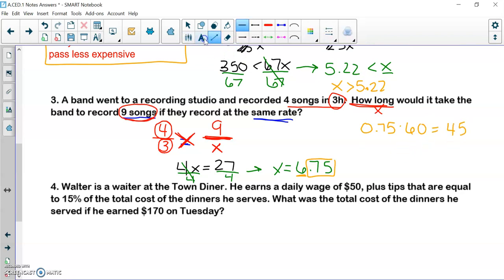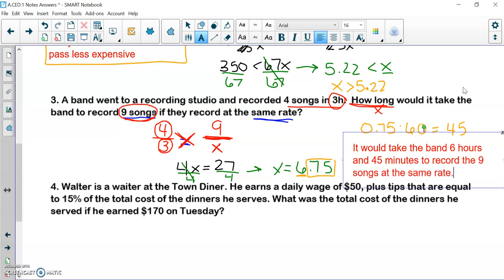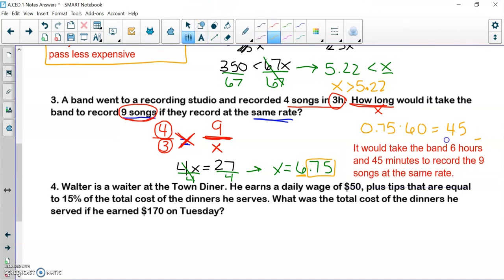So what this means is that it would take the band 6 hours and 45 minutes to record the 9 songs at the same rate. And that's it. A well thought out answer in sentence form.